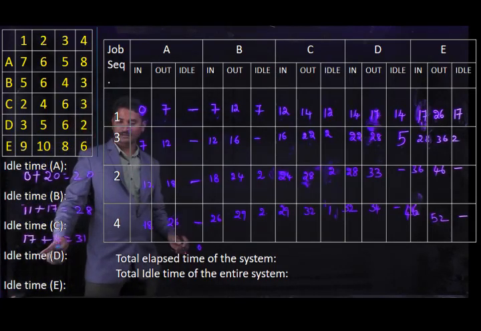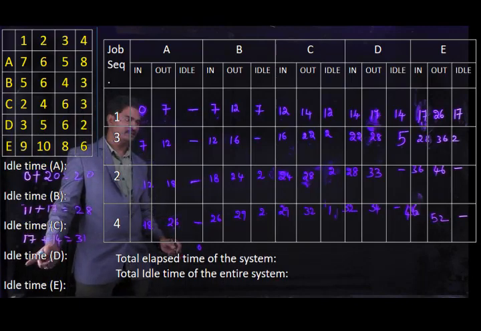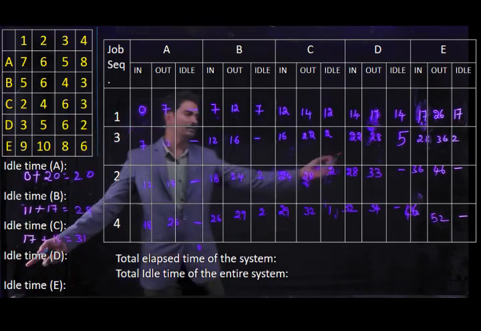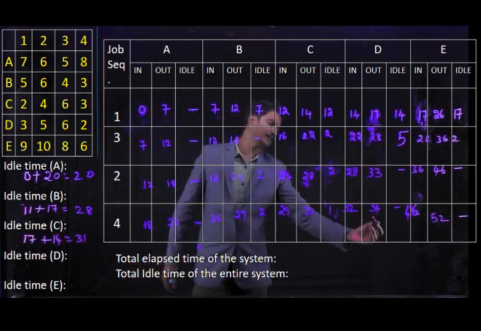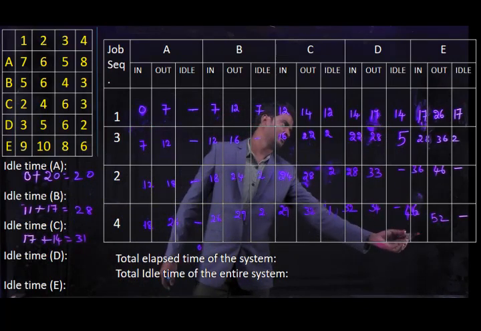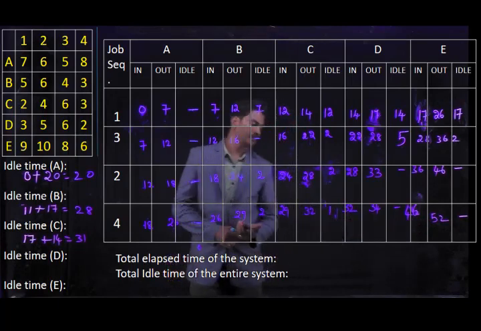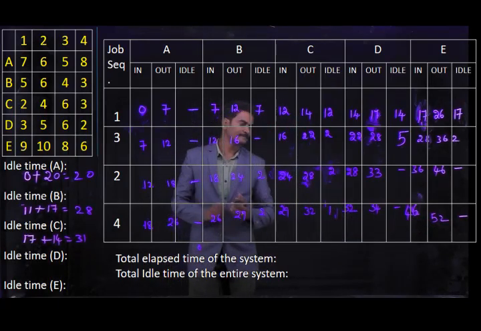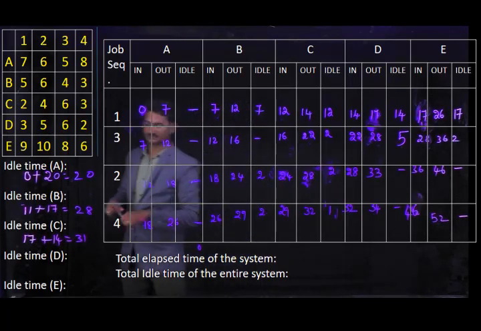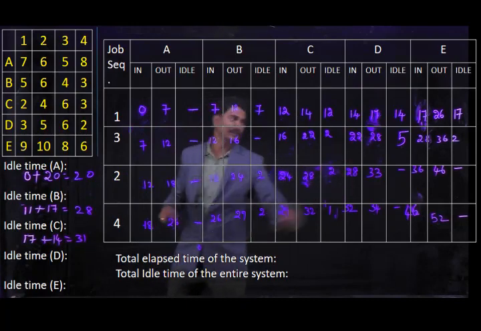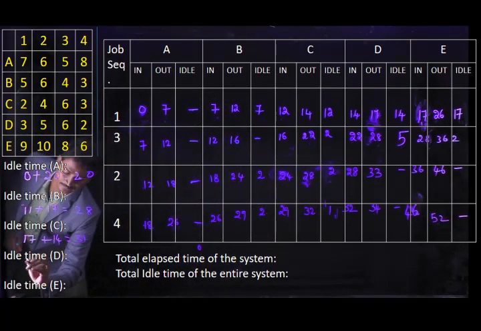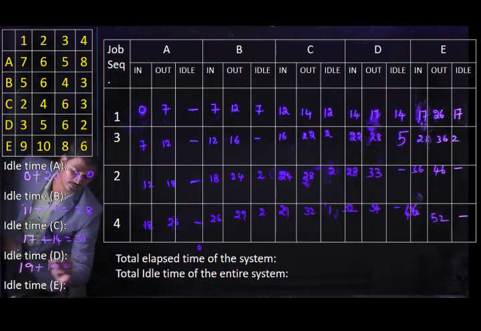Next, coming to the D mission. Here these are 14, 5, 19, and the difference between 52 minus 34, 52 minus 34. 6 plus 12, 18. 18 plus 19 is equal to 37.